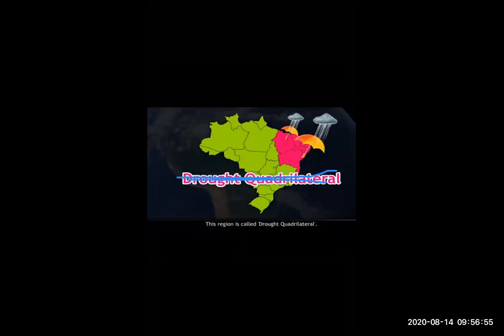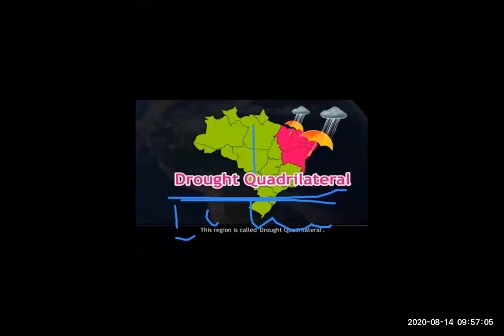On the southern part, the Brazil temperatures are comparatively lower. And not only that, the coastal region near the equator, so the difference in temperature is negligible.